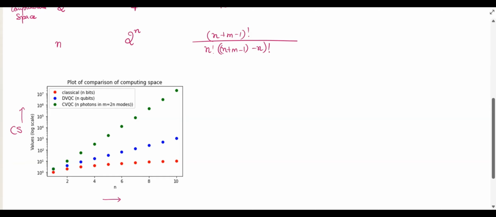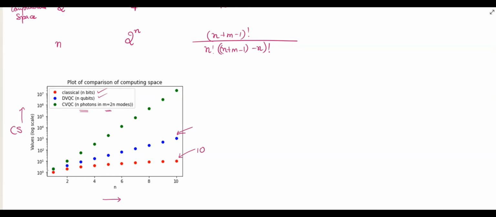Then we can see the plots look like this, where the red dots represent n bits, the blue dots represent n qubits, and the green dots represent n photons in m equal to 2n modes. So the modes scale up as the number of particles or photons increase. So I have plotted them. For example, let's say I have 10 bits, then this is the computational space, or the possible states that I will have simultaneously.